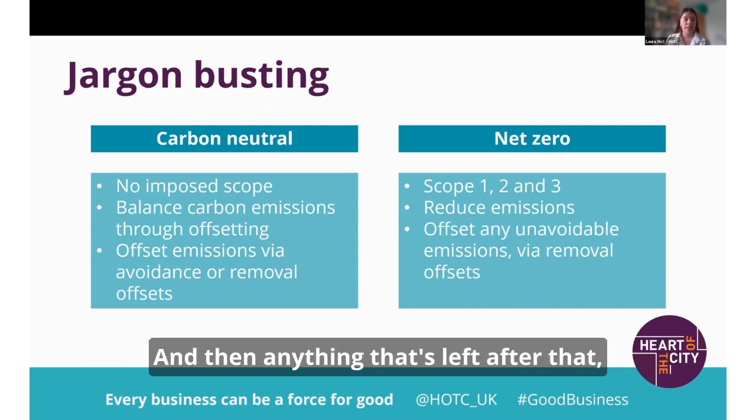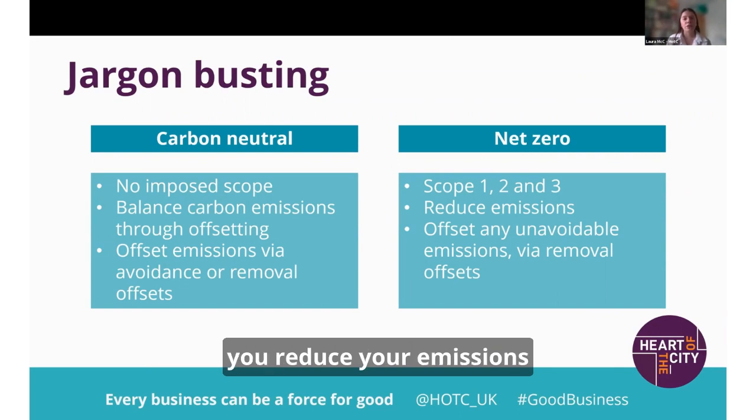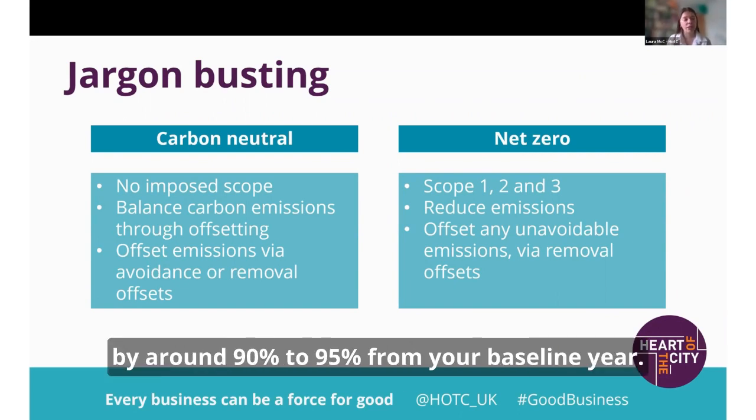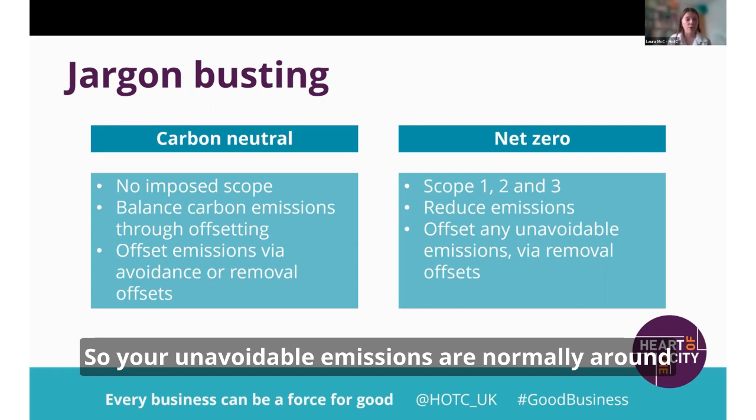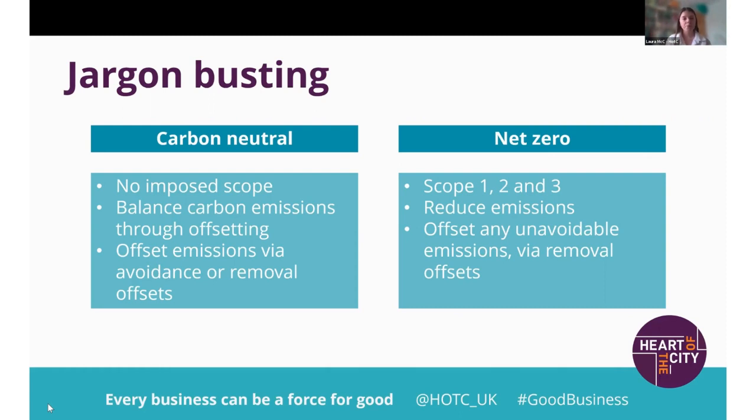And then anything that's left after that, you can offset using removal offsets only. And the science-based targets do give a kind of percentage indication that for net zero, you reduce your emissions by around 90 to 95% from your baseline year. So your unavoidable emissions are normally around 5 to 10% of your baseline year emissions.